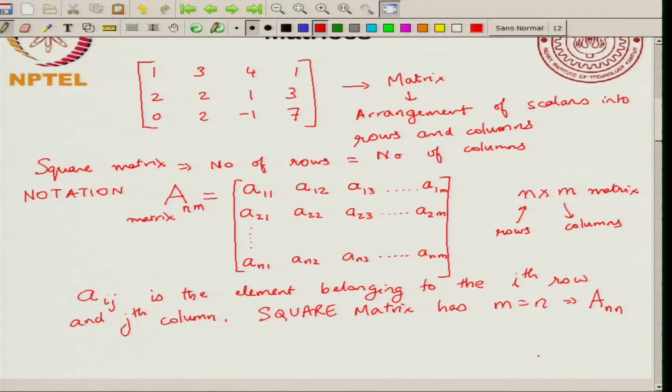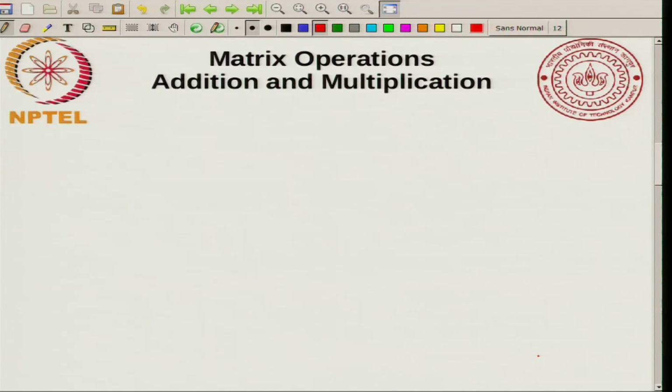Now, you can ask where is this useful and what are the properties of matrices. So, let us look at some basic properties of matrices. I will go through this very quickly because I am sure many of you are familiar with these.